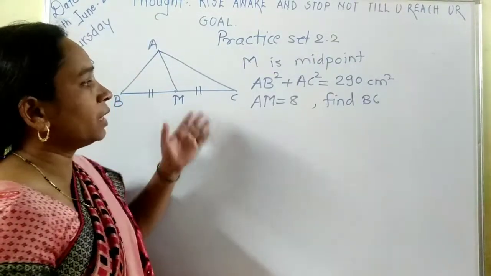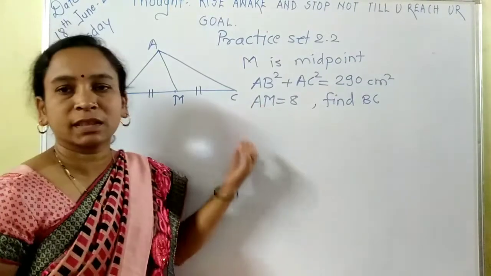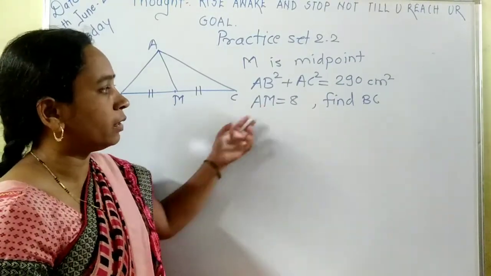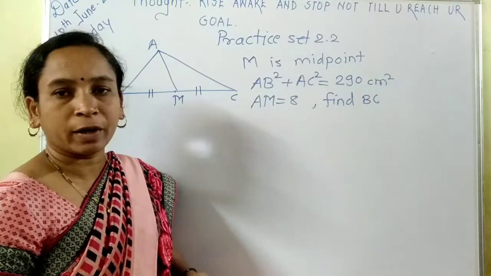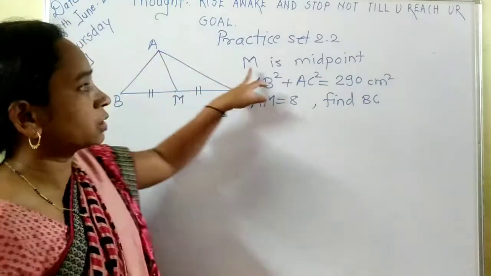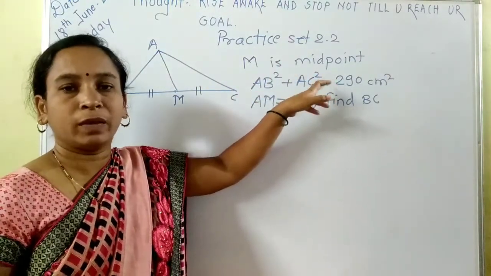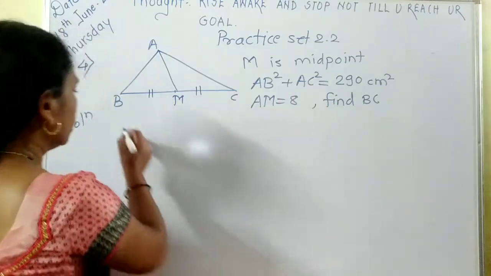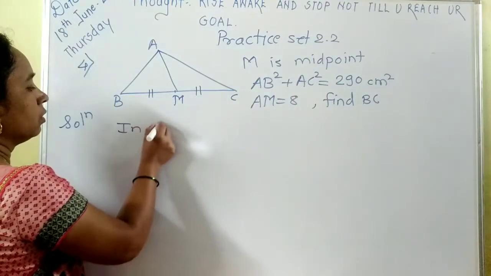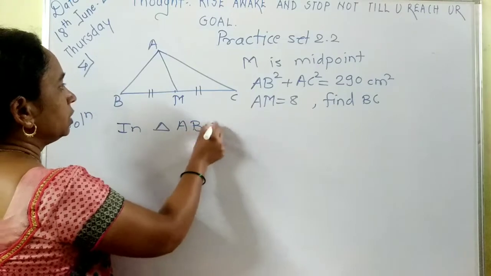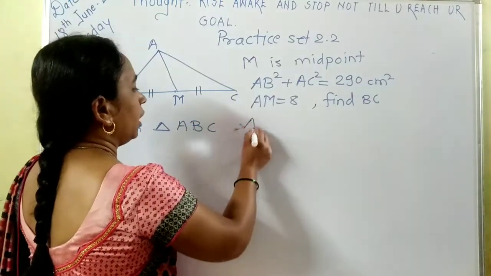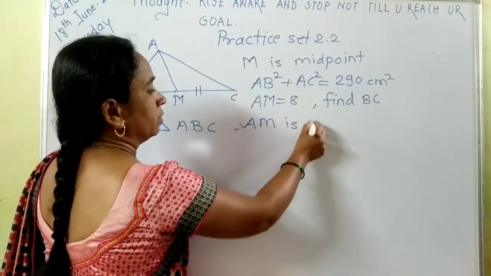Fourth example: M is midpoint, AB square plus AC square's value is given as 290, AM is 8, and we have to find out BC. Again the condition is given, M is a midpoint, so we will use the Apollonius theorem. So in triangle ABC, AM is median.